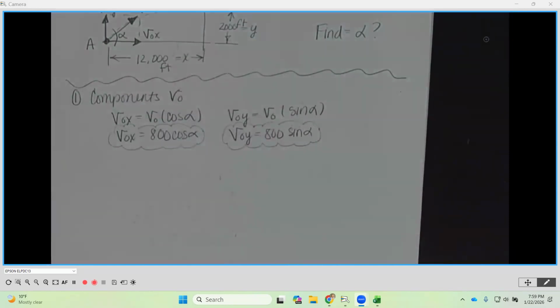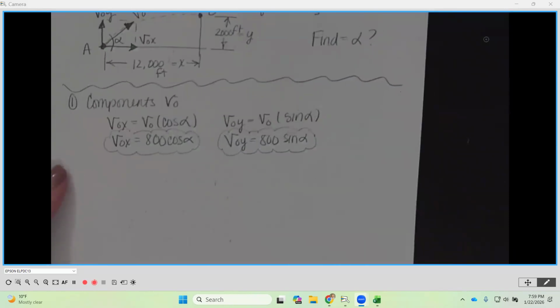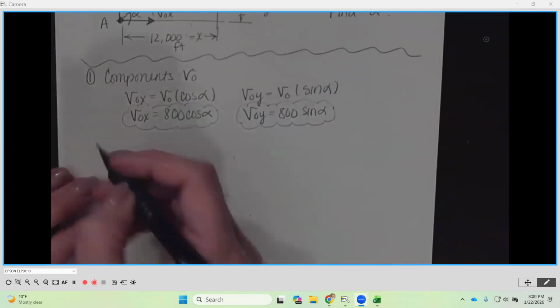Those will represent the x and the y components, and we just leave them in that form.